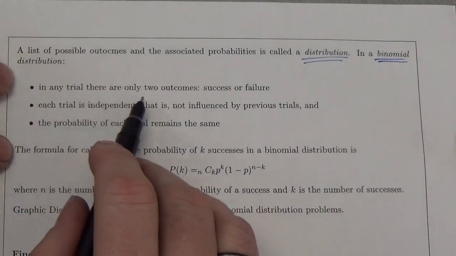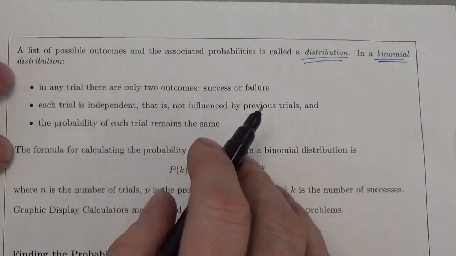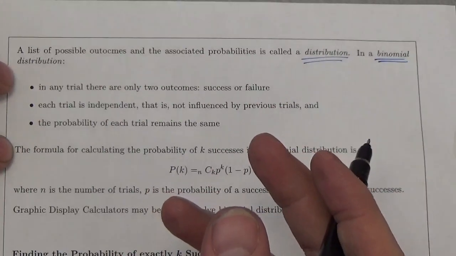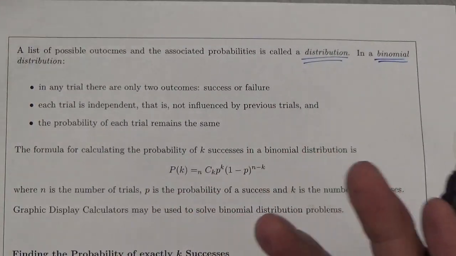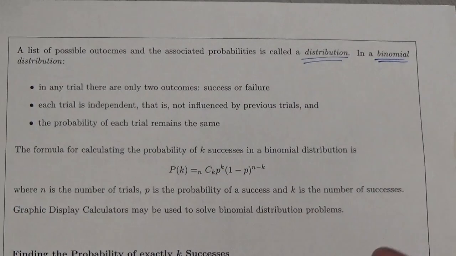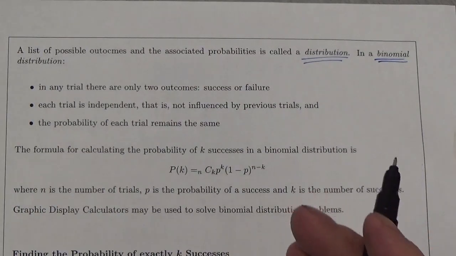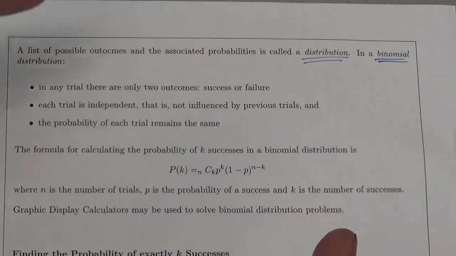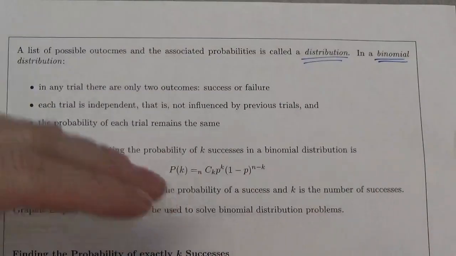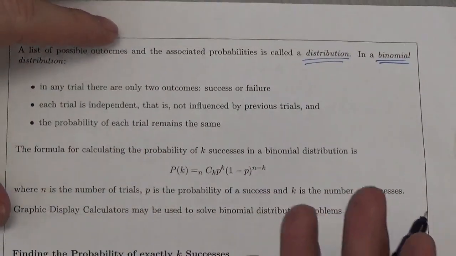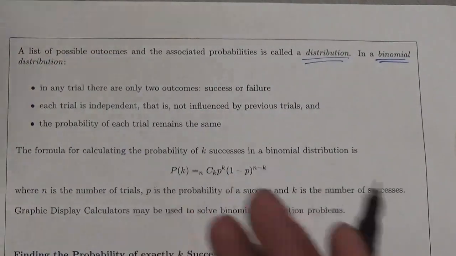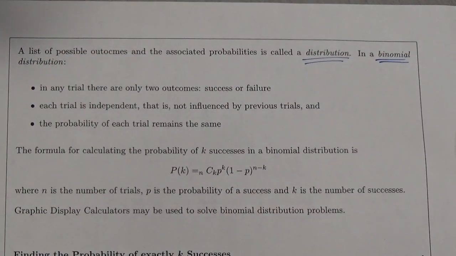In any trial, there are only two outcomes. It's either success or failure. So in the example we were just doing, when you flipped a coin, you either got a head or you didn't. You might look at it as getting a head or a tails, but the way we want to interpret that is to look at the probability of an event occurring or not occurring. We don't want to give it another option, because people tend to get confused by that.